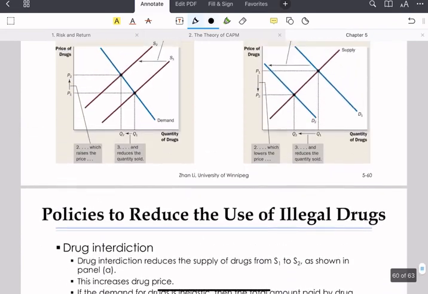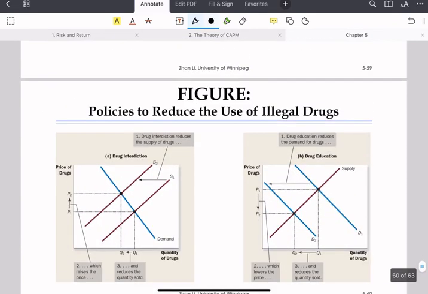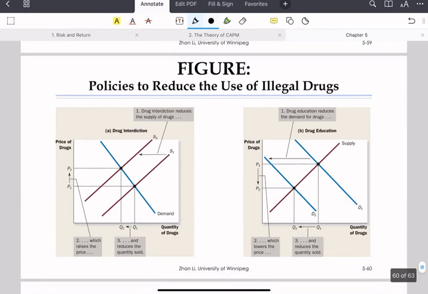Okay, I will just use the textbook pictures because they're nicer. So on this left-hand side, we have drug interdiction. What you can see here is that because of interdiction, this basically reduces the supply of drugs in the market.